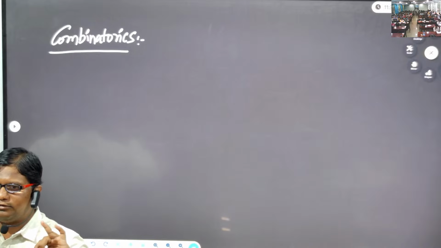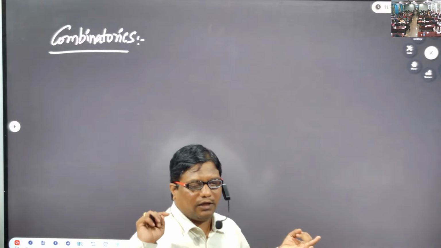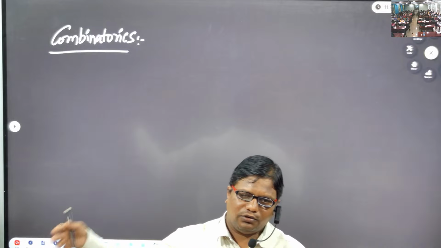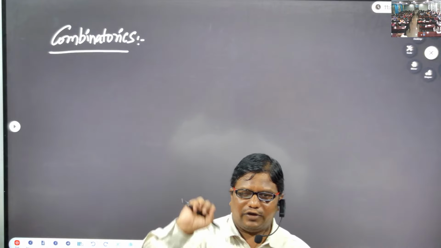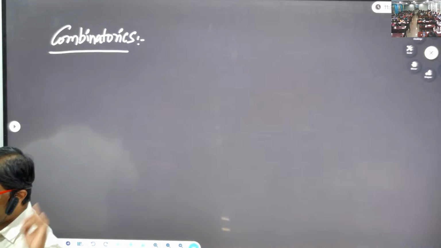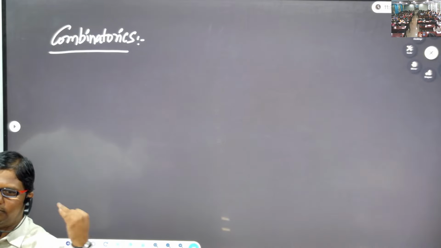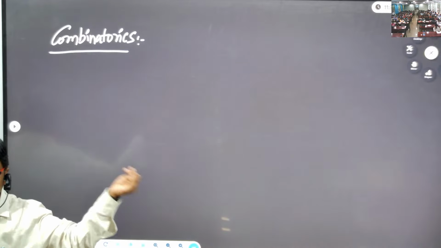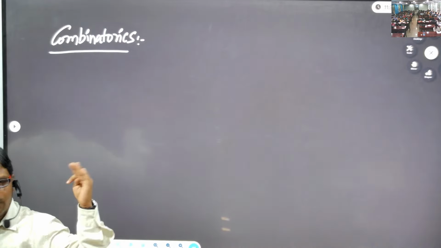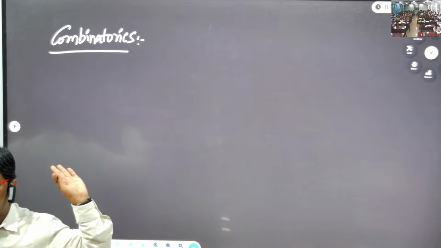The second one is with repetition: n factorial by a factorial into b factorial into c factorial and so on, where n is the number of objects, a is the count of the same letters or elements in the given list, b is also the same letters, and c is also the same letters.